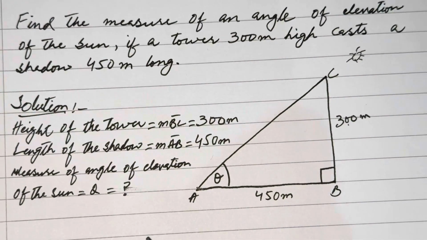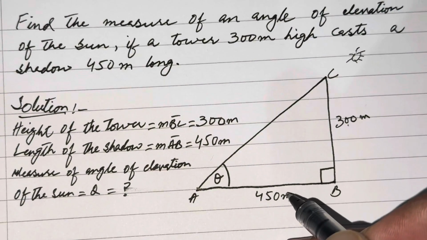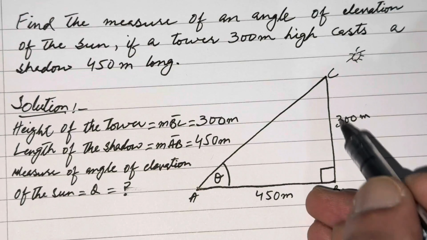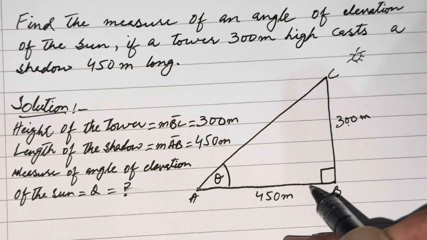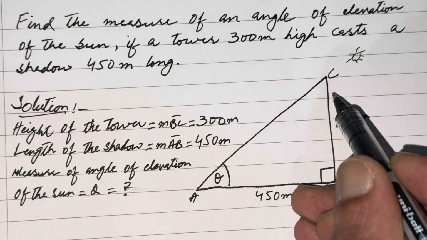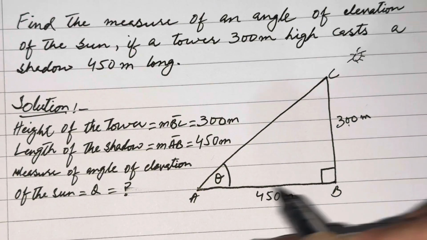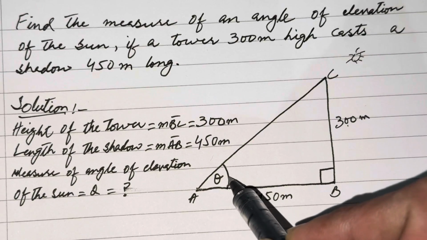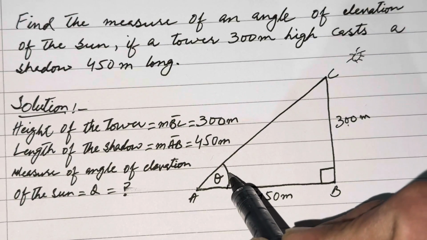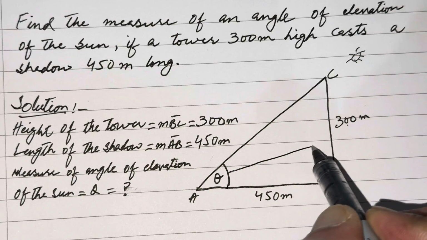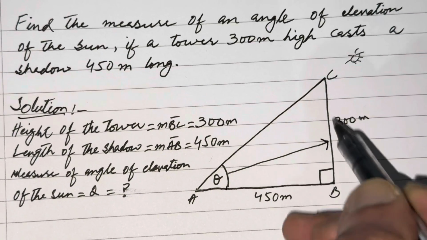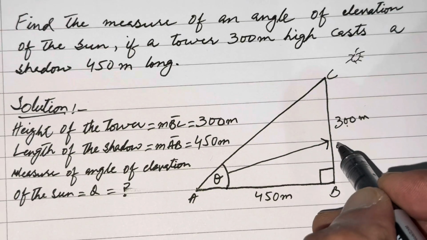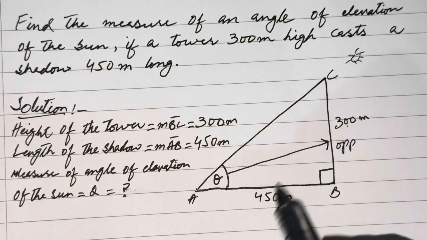Now we see that the two sides given, the height of the tower and the length of the shadow, are like perpendicular and base. We are talking about theta at point A, so the side right opposite is this one, the opposite side, and this one is the adjacent side.